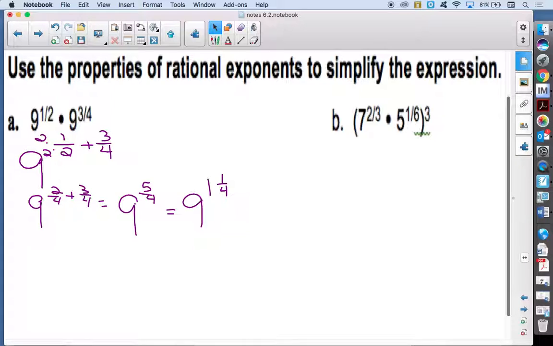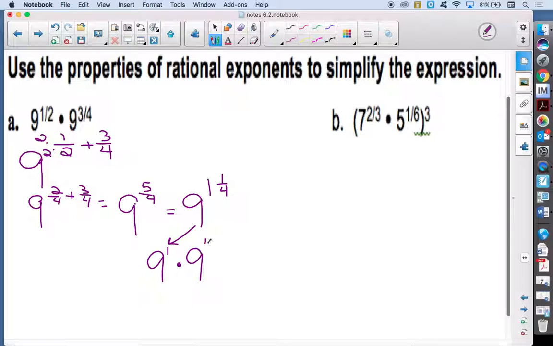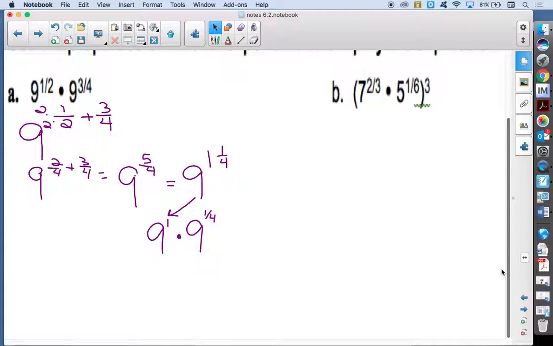That 9 to the first can be pulled separately. And then I can separate that also with the 1/4. So that would become 9 to the first and 9 to the 1/4. So that my fraction is no longer an improper fraction.